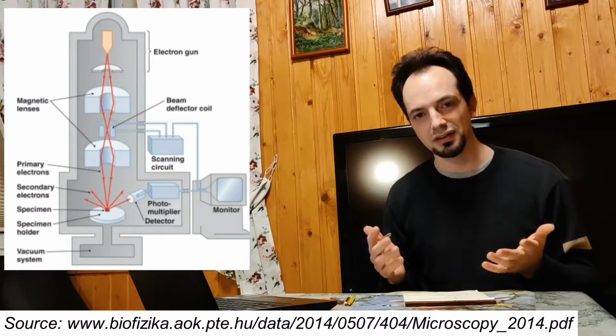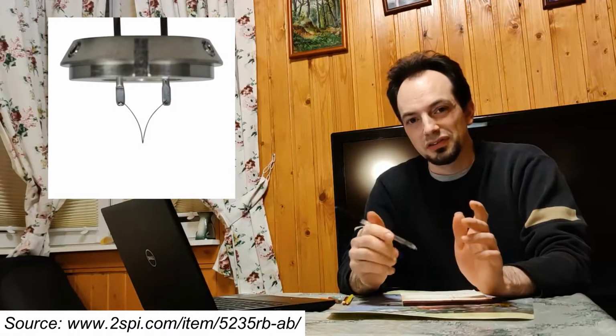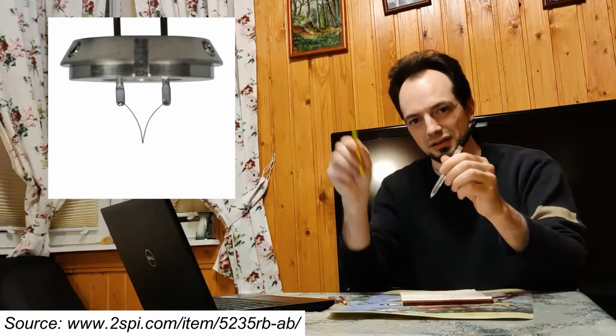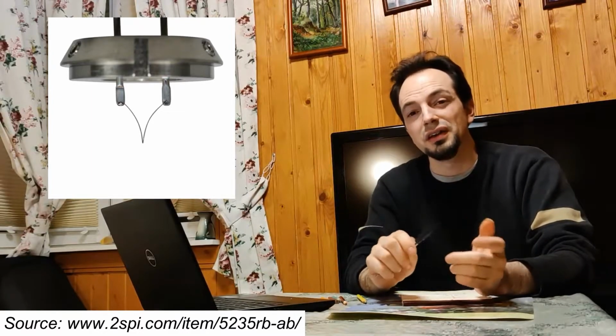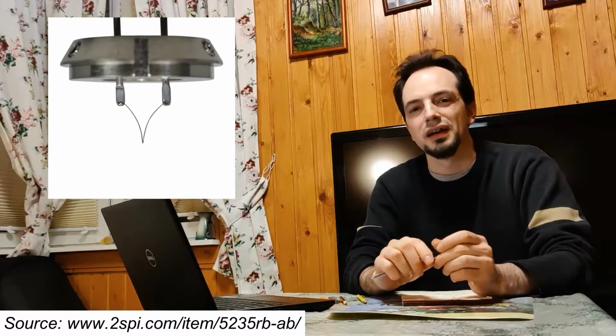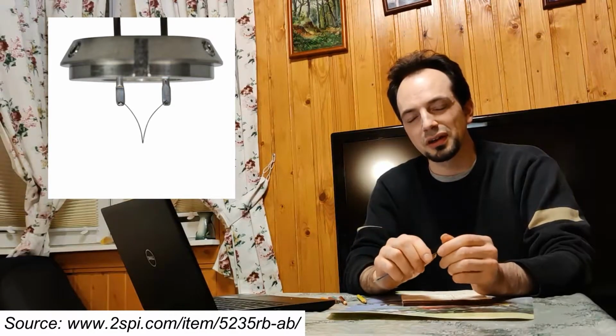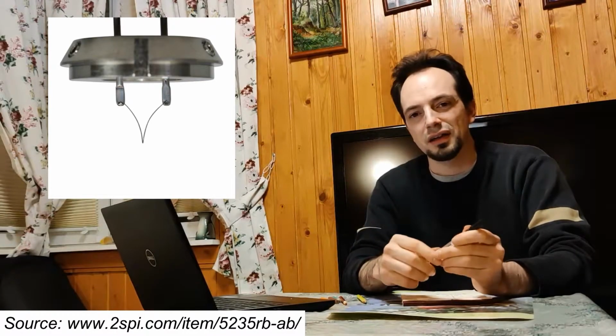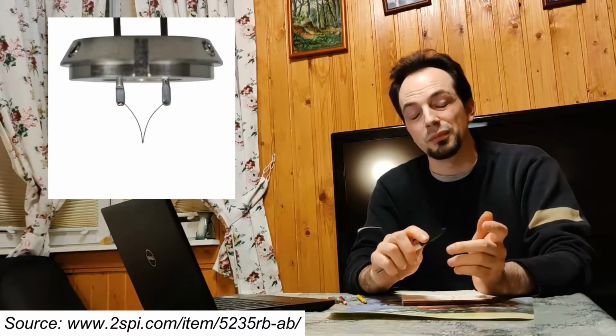So for cathode choice, there are usually three main options. The first one, the most simple one, is a heated tungsten wire cathode, which is just a tungsten wire shaped in a V shape, which is heated by current passing through it, heating it up to quite high temperatures so that it glows white color, and thermoelectronic emission occurs, and we could then draw these electrons off the cathode and direct them and form the beam.